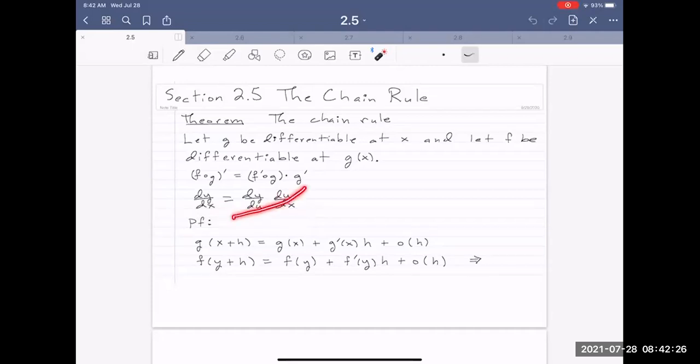It looks like I'm just canceling the du's. Of course you're not. This is the actual theorem. But in this notation, it looks like you're canceling, which will be very helpful, especially when you write the chain rule in differing situations, such as multiple variables.